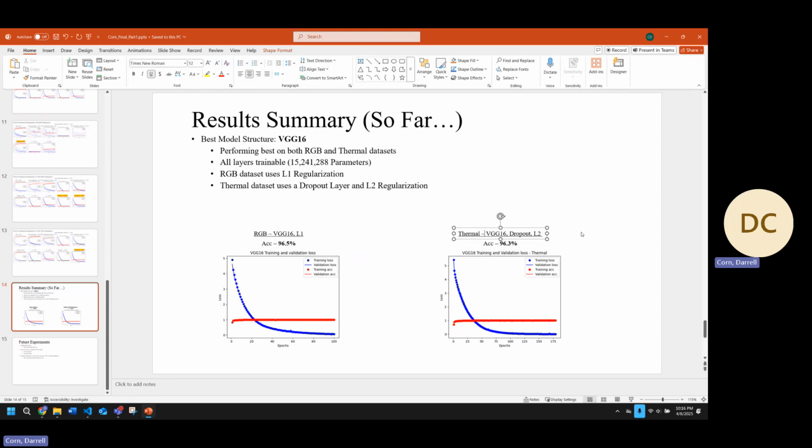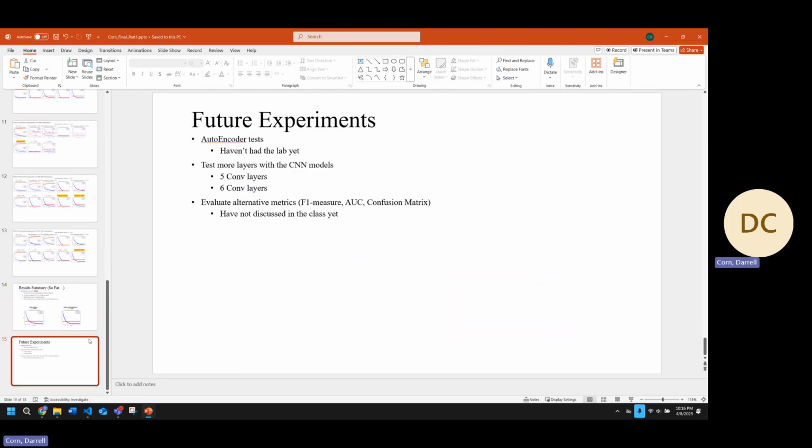But for the thermal data set, I included a dropout layer with the L2 regularizer. And so far, the highest accuracy that I've managed to achieve for the RGB data set is about 96.5%, whereas for the thermal, it's 96.3%. So that's what I've done so far.